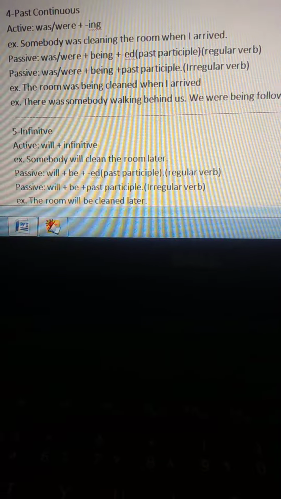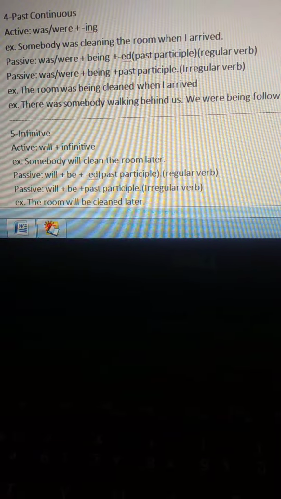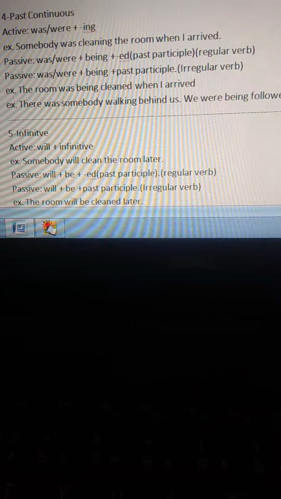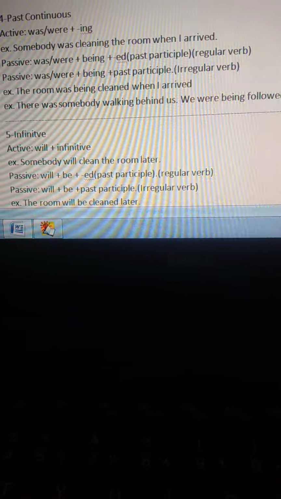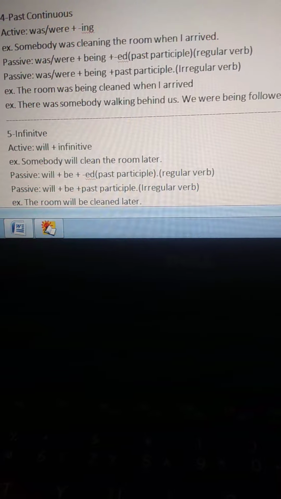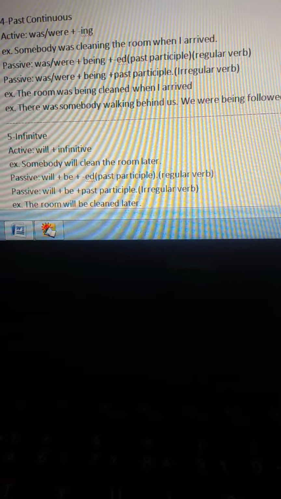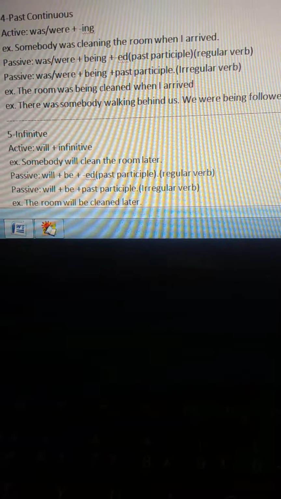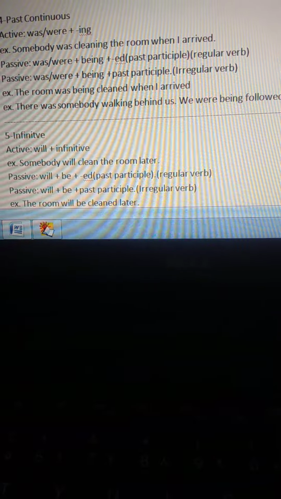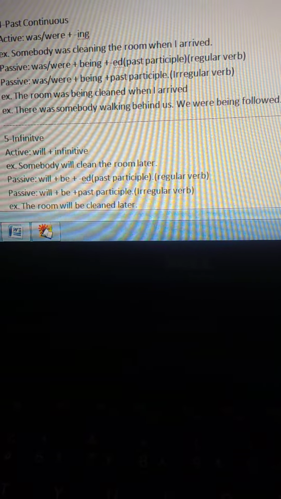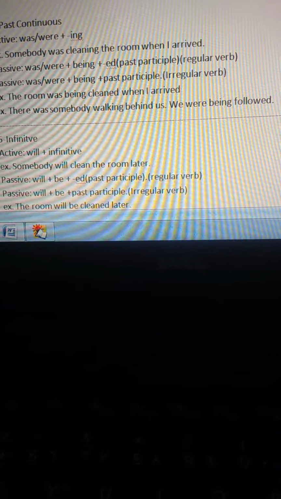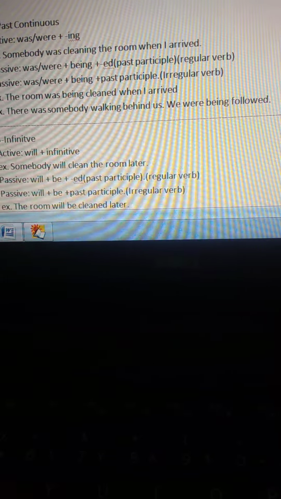The first sentence: the room was being cleaned when I arrived. Second sentence: there was somebody walking behind us. We were being followed.